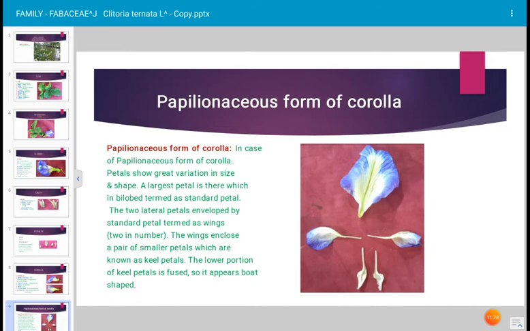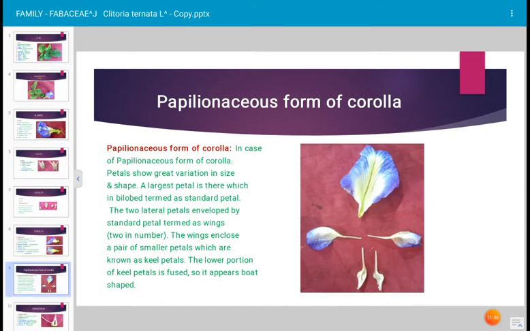They resemble a boat shape, hence the boat-shaped keel petals. The lower portion of keel petals is fused so that it appears boat shaped. Such a form of corolla is called papilionaceous form of corolla, and it is an important characteristic of family Fabaceae.